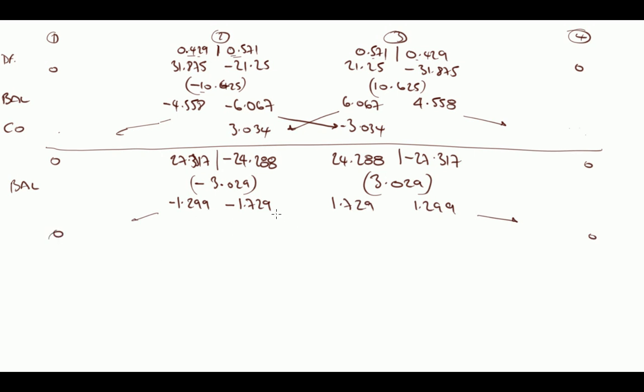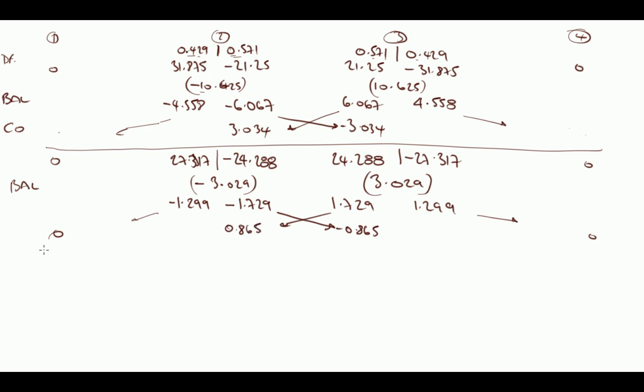But half of this must carry over, so half of this comes over as minus 0.865, and half of this comes over as plus 0.865.